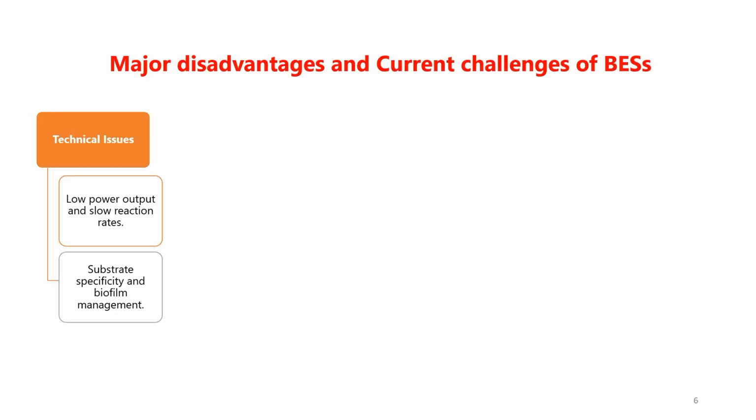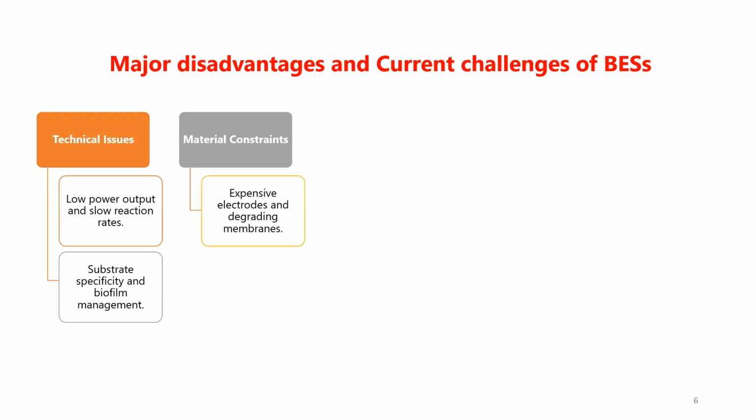Although BES helps us in obtaining electrical energy from waste, the power output is actually very low and the reaction rate is very slow. Another problem is substrate specificity and biofilm management. These biofilms are very important in the production of electricity, and we will discuss them in detail later. So, managing these biofilms is actually a challenge.